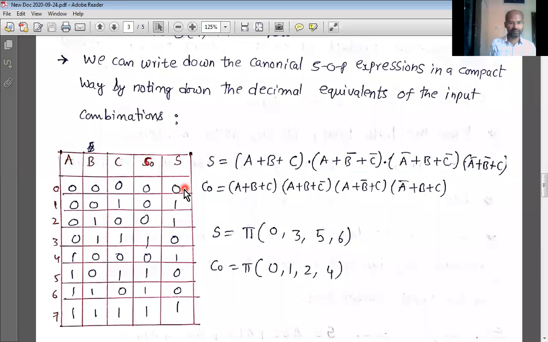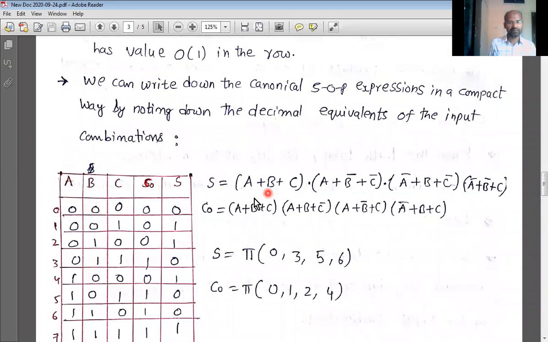So for the combination A0, B0, C0, if A is 0, we have to write its uncomplemented form. A is 0, B is 0, C is 0, and we are getting output sum S 0. That's what we have written here.